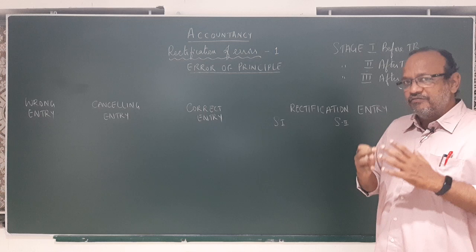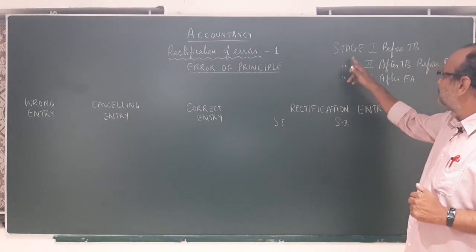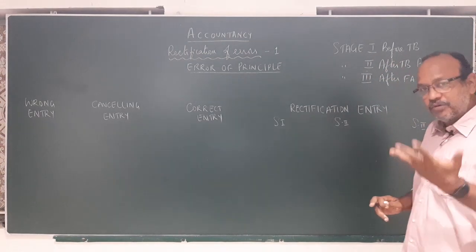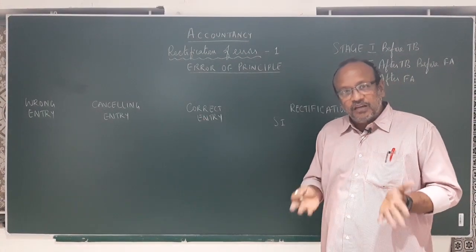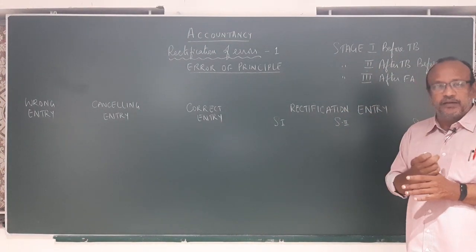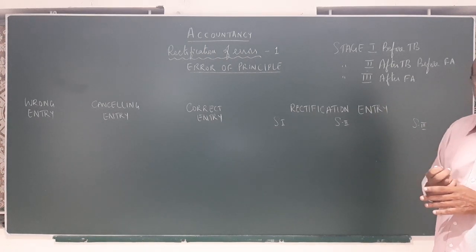Now, the rectification of errors may happen in three different stages. Stage number one is before preparing the trial balance. So, before preparing the trial balance itself, if we are able to trace or locate an error, then that error has to be rectified then and there.